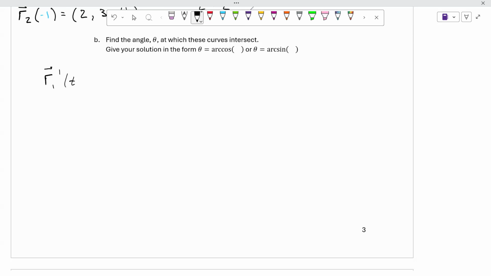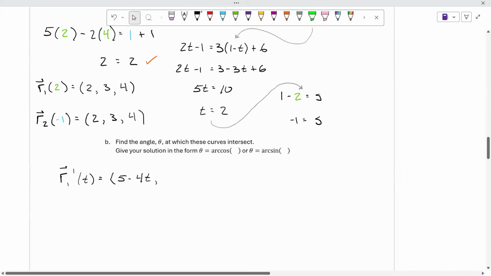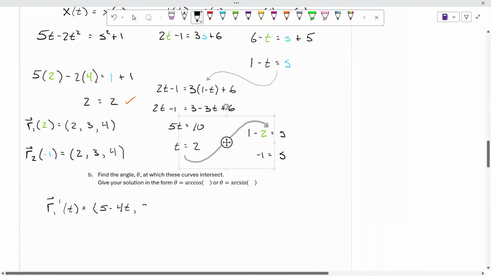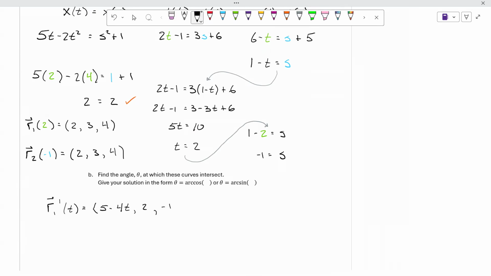So R1 prime of T is going to be, I think that's 5 minus 4T. Let me zoom out so I can actually remember what they all are. 5 minus 4T, 2, and -1.